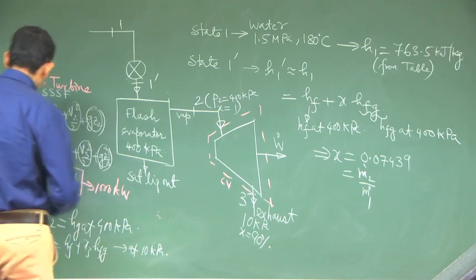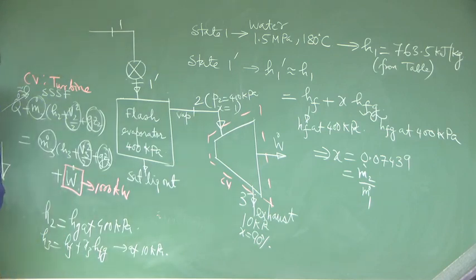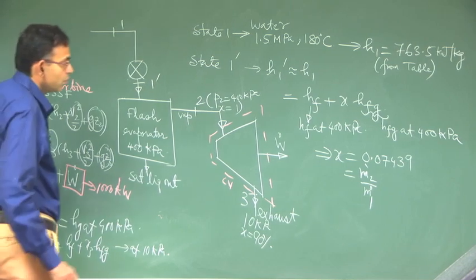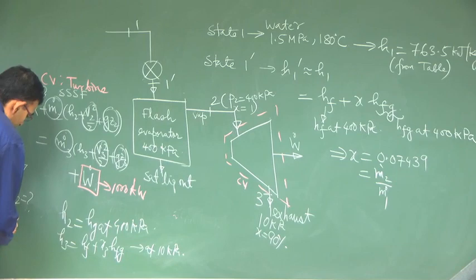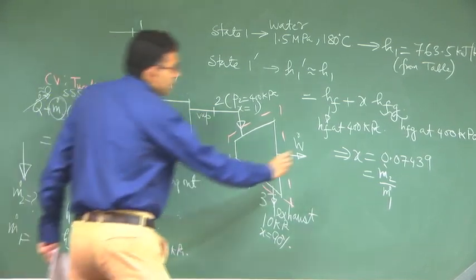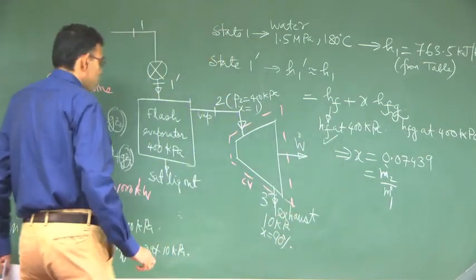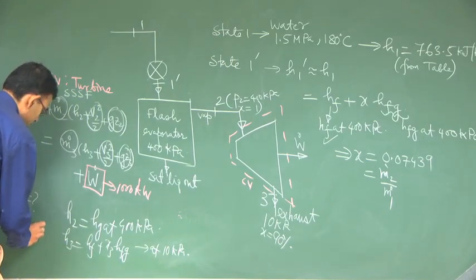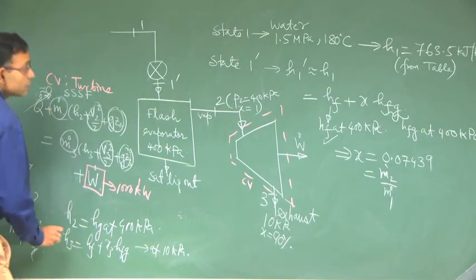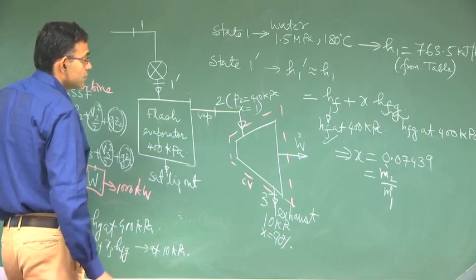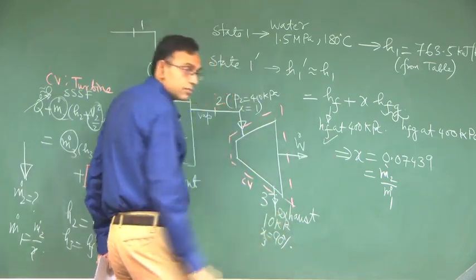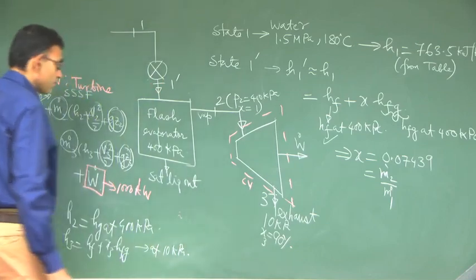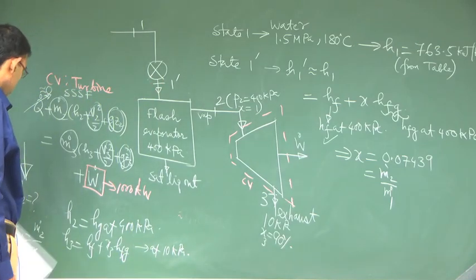So, from this equation, by substituting the values you will get m dot 2. The answer required is m dot 1. So, from this equation m dot 1 is m dot 2 by x. This x, not this x, this is x2.